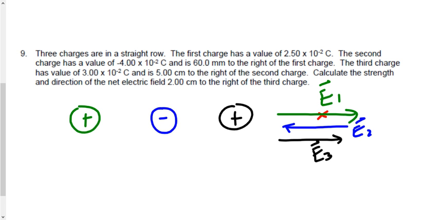Be careful of a couple things. The fact that we have millimeters here and centimeters here. You want to be consistent with units. Specifically, you want to be in meters with those distances, right? So 60 millimeters is 0.06 meters, and 2 centimeters is 0.02 meters.